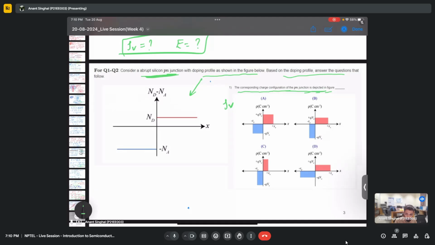Again, please confirm if you are trying or not. Otherwise, I'll just solve it out. Are you guys trying? Please respond if you are trying. Am I audible, guys?